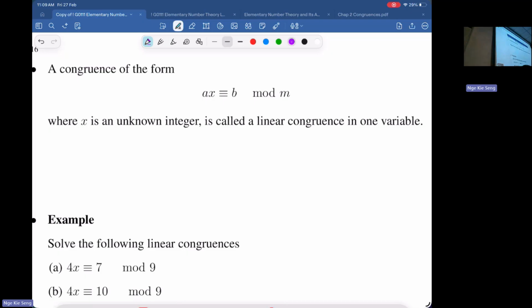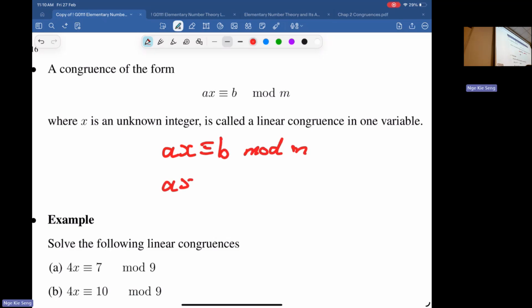It's because ax congruent to b mod m means that ax minus b is divisible by m, or in other words, ax minus b is equal to a multiple of m.